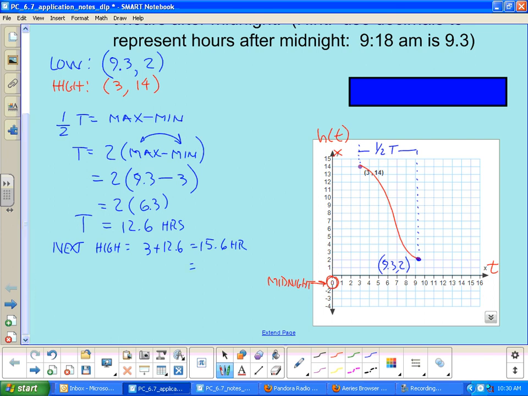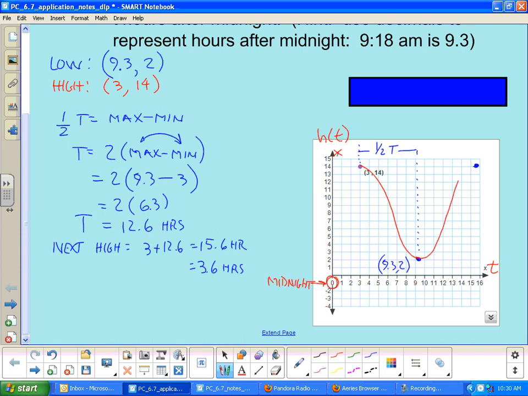Because a point on a curve and its corresponding point a period later takes me full cycle. So I'm going to go to 15.6. That's about right there. And there I am back at high tide. So here's the other part of my curve. So there's representing a full cycle of high tide to high tide.